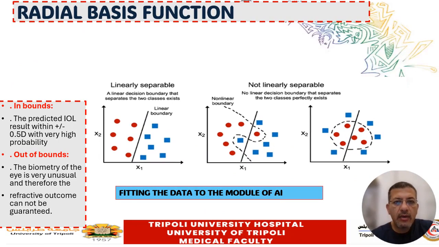Now in this slide, I will give a brief explanation of the meaning of radial basis functions, which is the principle of the Hill-RBF formula, without going deeply into this subject, because this is beyond the scope of this lecture. The principle behind the Hill-RBF formula is that it is a sort of deep learning technology that utilizes what is known as the neural network.